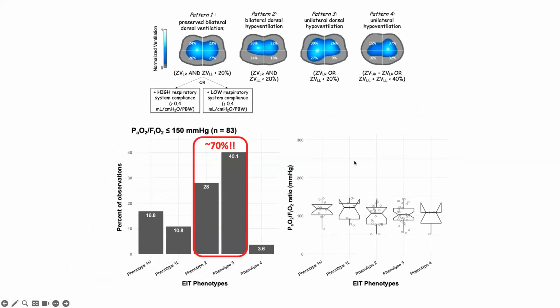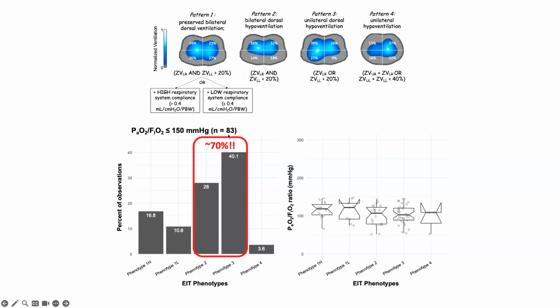Looking for frequencies of phenotypes, we were able to see that most of the patients with COVID ARDS show phenotypes 2 and 3, that are patients with dorsal lung disease that can be bilateral or unilateral. And look, combining both, we have about 70% of patients with these two different phenotypes.